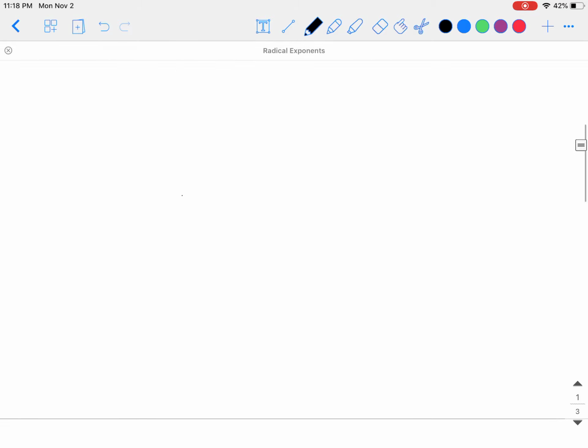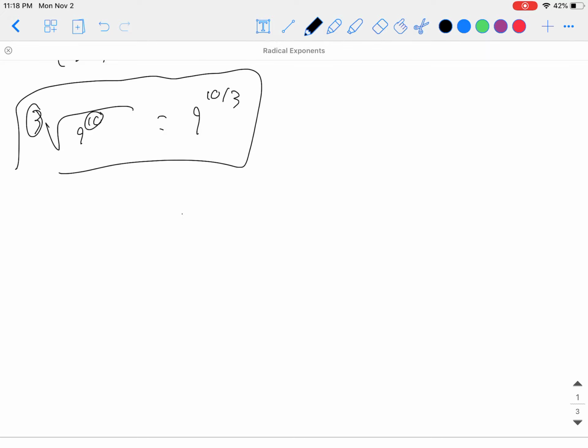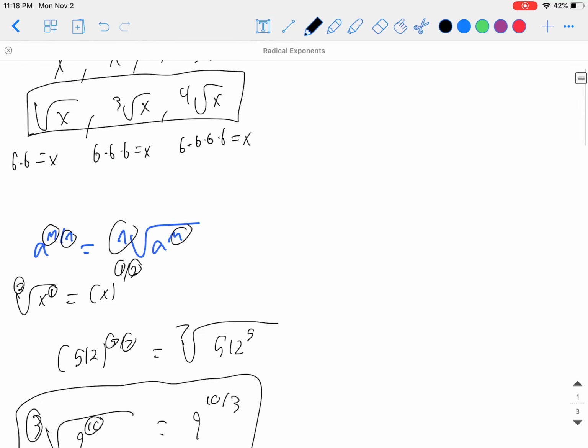So now let's take another example, the ninth root of 3 to the 10th, and let's express this as a radical exponent, where we know we have top inside, giving us 3 to the 10/9, outside bottom. So that is the radical exponent.